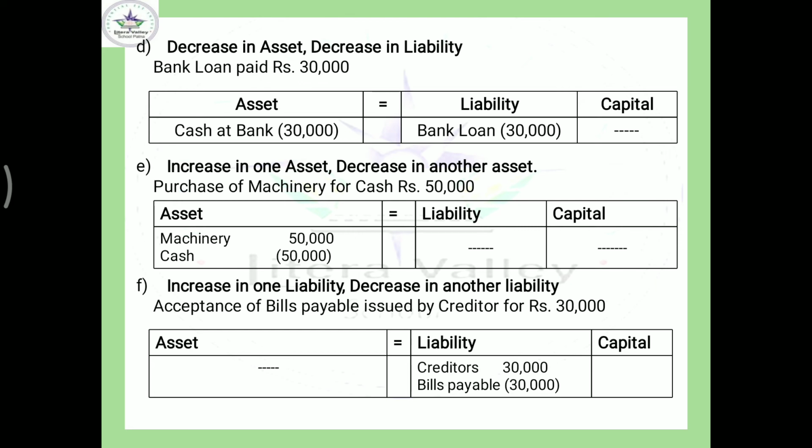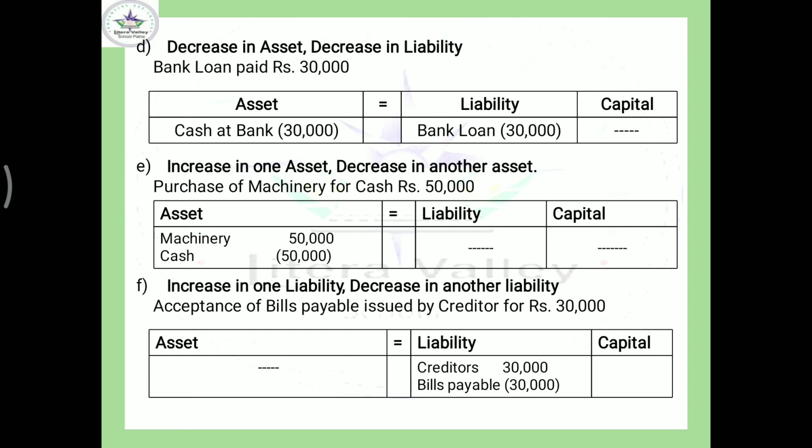It will decrease liability, and obviously the mode of payment will be bank, through check. Check always represents bank, with few exceptions. So cash at bank balance will reduce by 30,000 and bank loan will also reduce by 30,000. So again the effect will be equal.